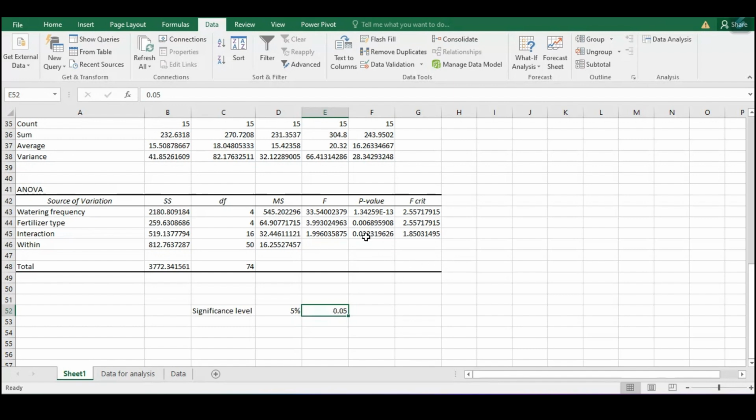Then the last bit is the interaction. This is 0.03. Again, it is less than this. So we say that there is a significant difference in fruit weight in the interaction between watering frequency and fertilizer type. So that's how you do our analysis.